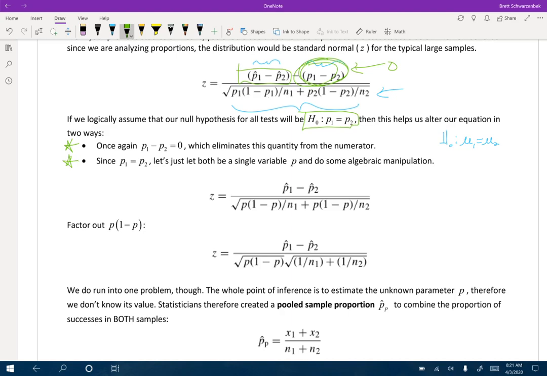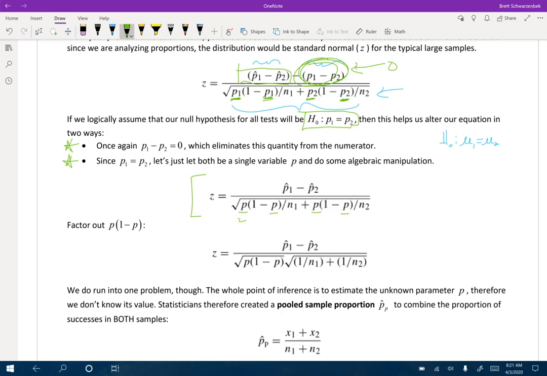With p1 equal to p2, if you look at the formula at the top here, there's a lot of p1s and p2s in here that are all the same value. So if those are all the same value, then technically we can just drop their subscript. So if you look here, for all of these, I dropped the subscript and represented it as one variable, p. So we'll continue from there.